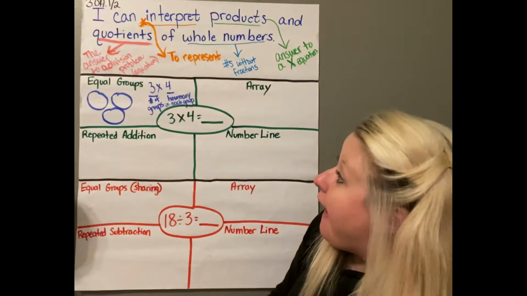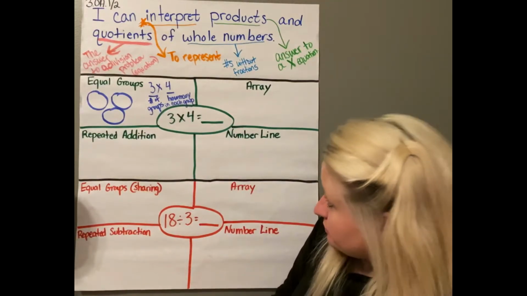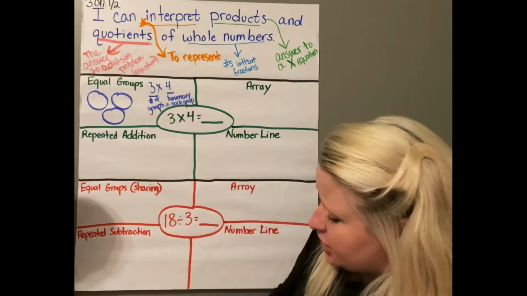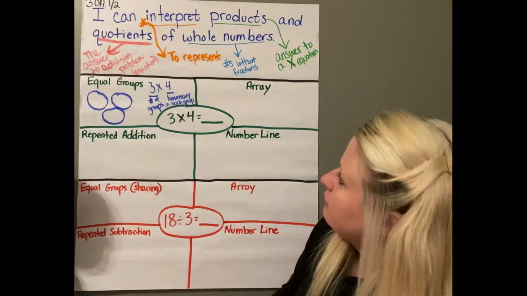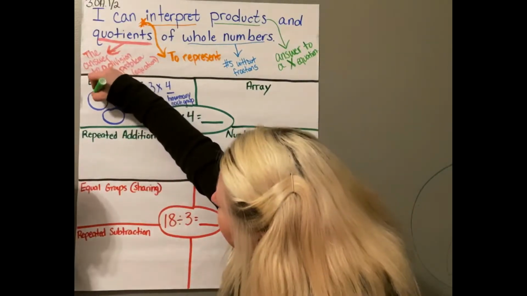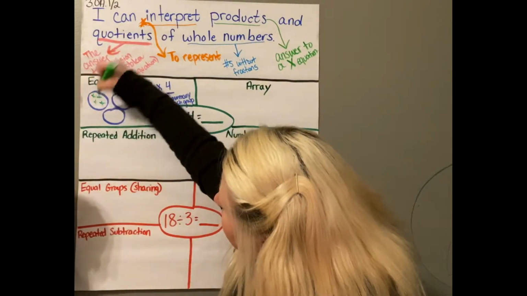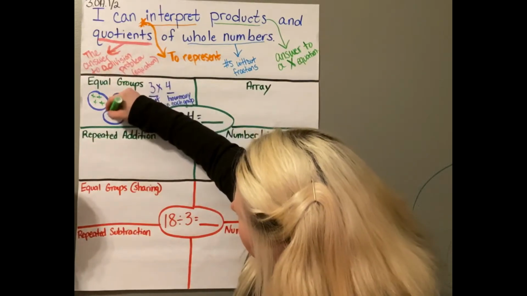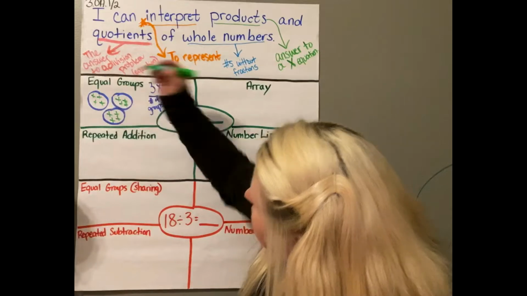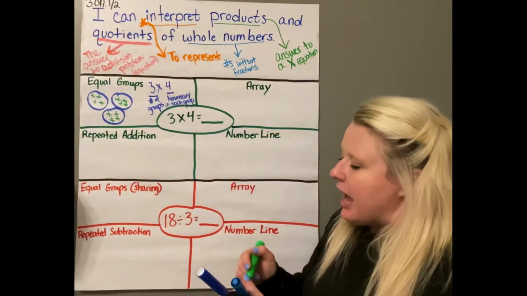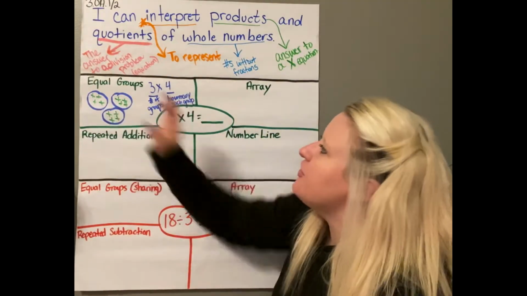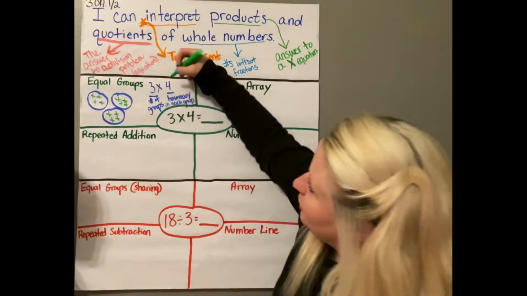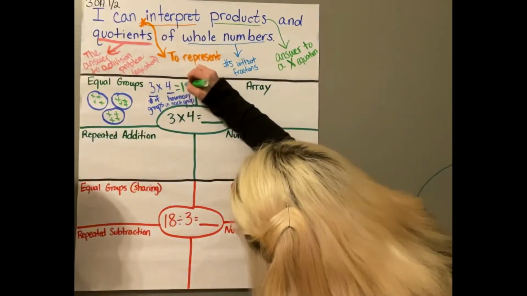So then what I need to do is put 4 in each group. 1, 2, 3, 4. 1, 2, 3, 4. 1, 2, 3, 4. All right. So how many do we have all together now? 12. So 3 times 4 equals 12.